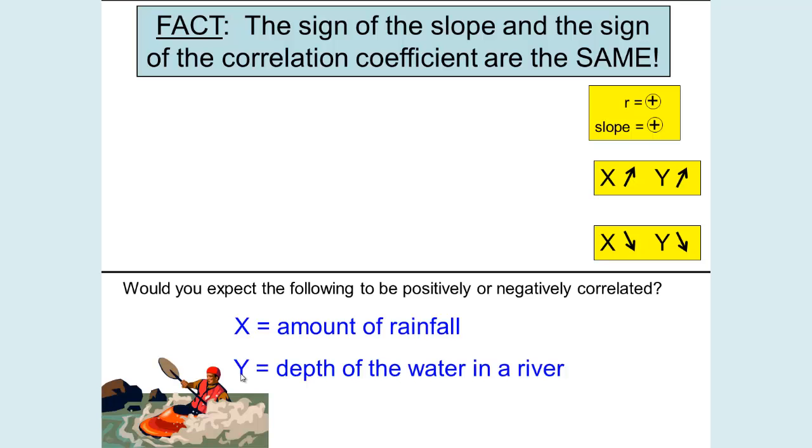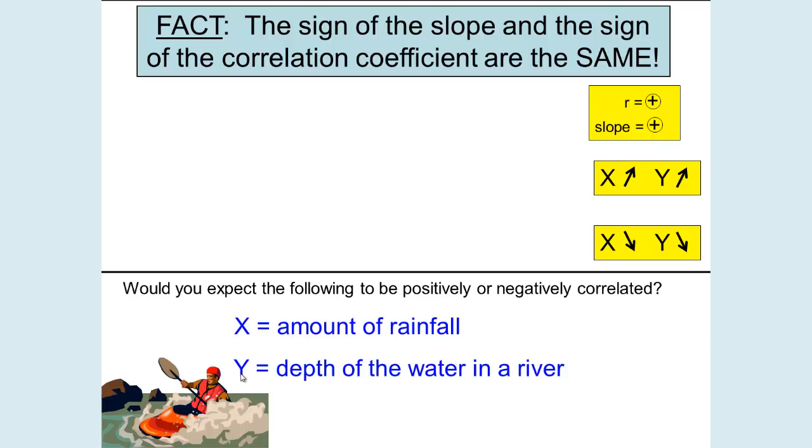Let's look at this example. Would you expect the following to be positively or negatively correlated? X is the amount of rainfall, and y is the depth of water in a river. Are they moving in the same direction? As the amount of rainfall increases, would we expect the depth of the water in the river to increase or decrease?